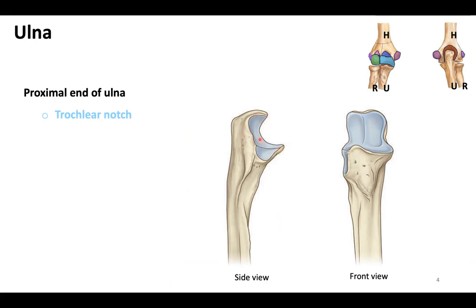This notch articulates with the trochlea of the humerus. The distal end of humerus has two condyles, medial and lateral, and the medial condyle is known as the trochlea. It looks like a pulley and is named trochlea. This trochlea articulates with the trochlear notch and forms the major part of the elbow joint.